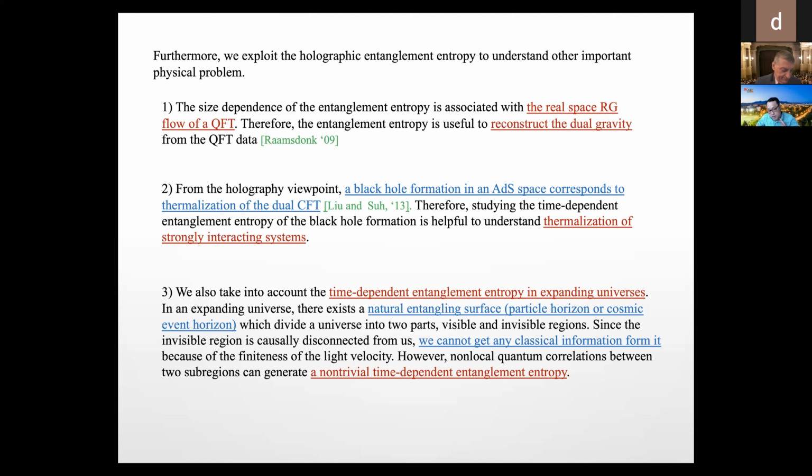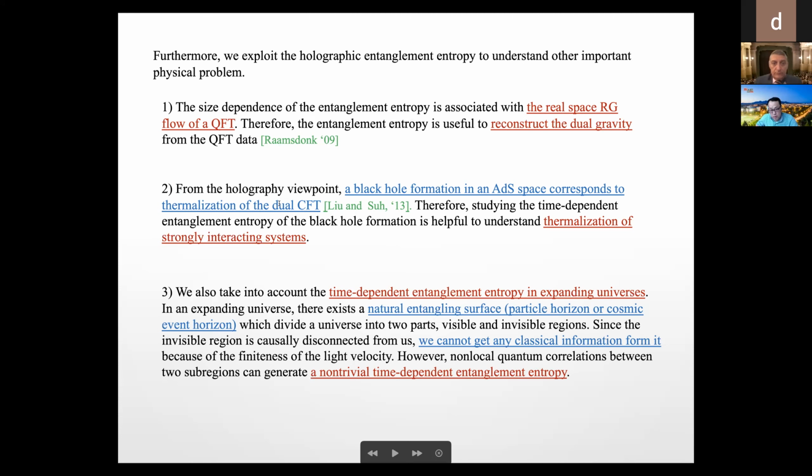Many people have studied black hole formation in gravity theory, and we interpret it as thermalization of the dual conformal field theory.